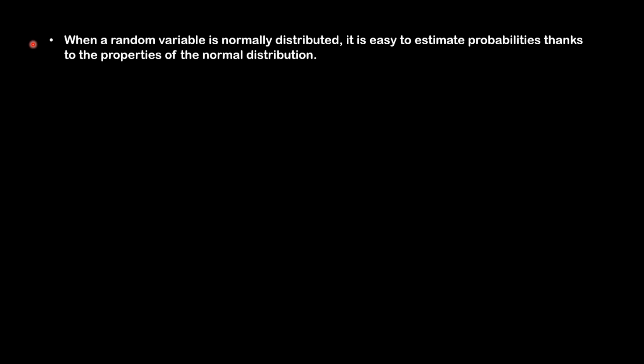Let's begin with a few quick reminders to go through this tutorial under the best possible conditions. First off, remember that when a random variable is normally distributed, it is easy to estimate probabilities thanks to the properties of the normal distribution.